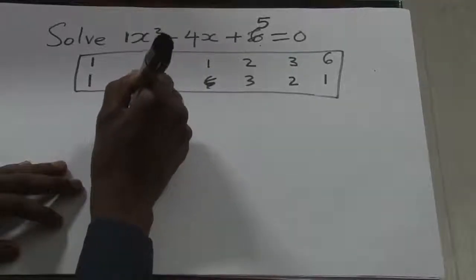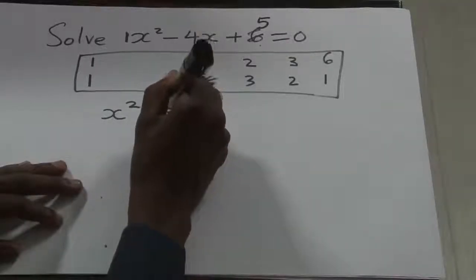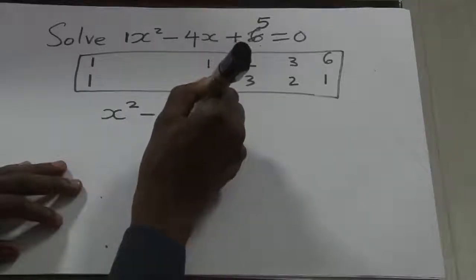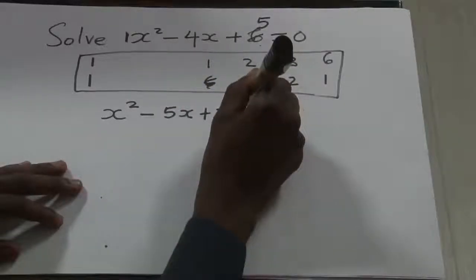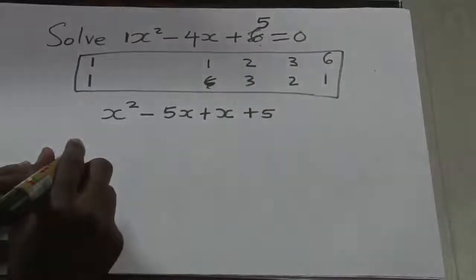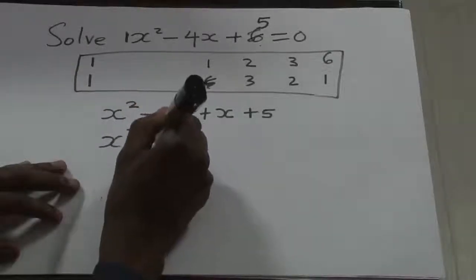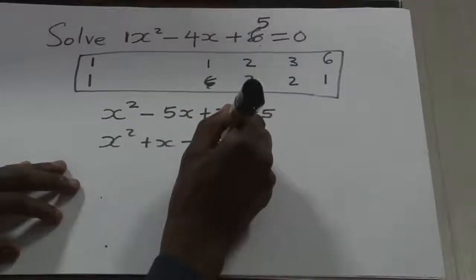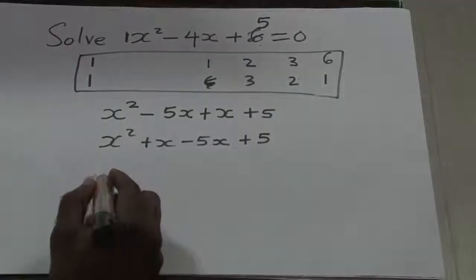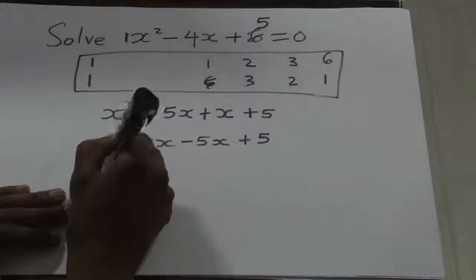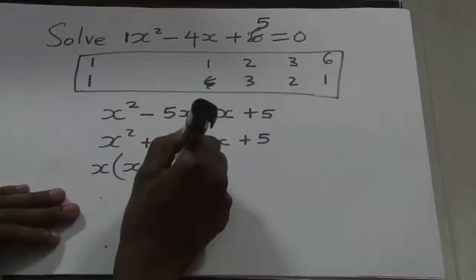So you say x squared minus 5x plus x plus 5, like that. Just to rewrite that, we have x squared plus x minus 5x plus 5. So in the end, you factorize this, you have x plus 1 there, you get x plus 1.